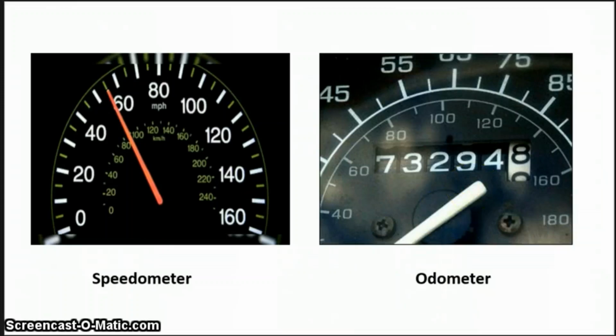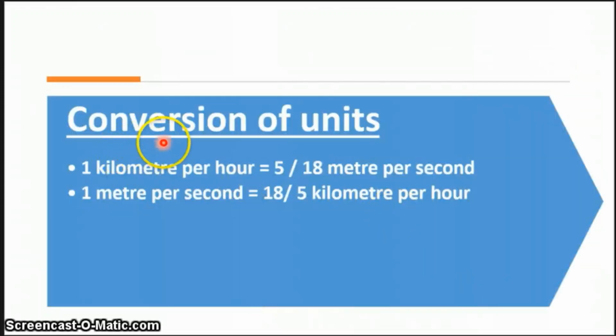Now let us see how we can convert the different units. We have the speed in kilometer per hour, and if we want to convert it into meter per second, we have to multiply it by 5 by 18.